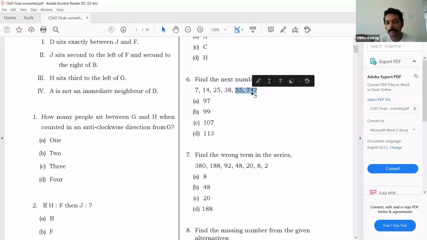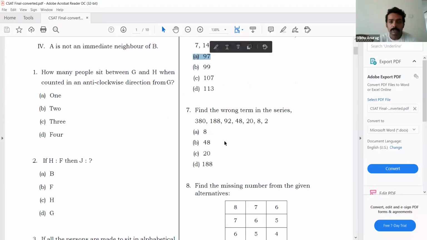After 19, what will be the next number? If you notice, they are all successive prime numbers. The gap 7, 11, 13, 17, 19. After 19, it will be 23. 74 plus 23, 97.